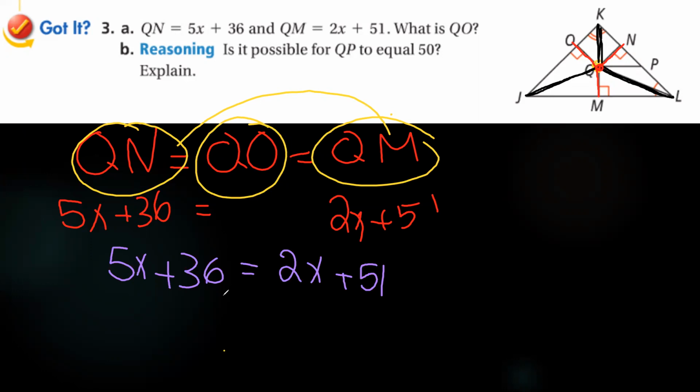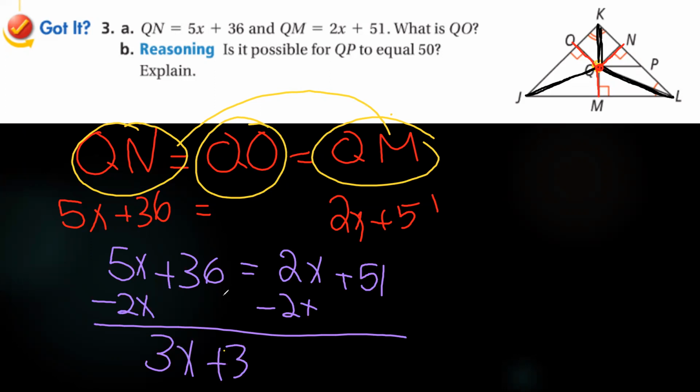So here, minus 2x, minus 2x. Then 3x plus 36 equals 51. Then minus 36, minus 36.